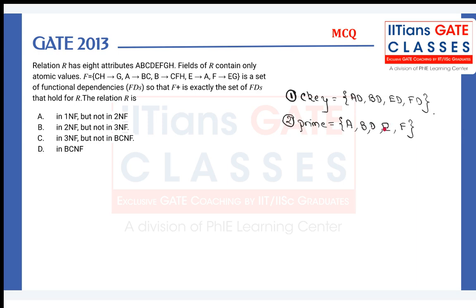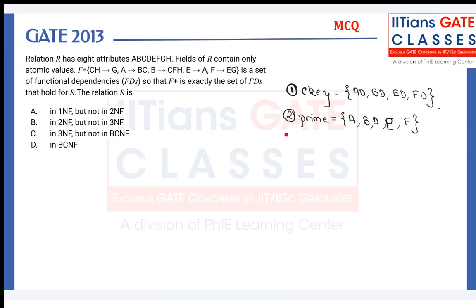A, B, D, E, F. I'm just writing them in alphabetical order so that it's easier for visualization. Okay. So who are the non-prime attributes? Everything else. Out of A, B, C, D, E, F, G, H, the non-prime attributes are C, G, H.